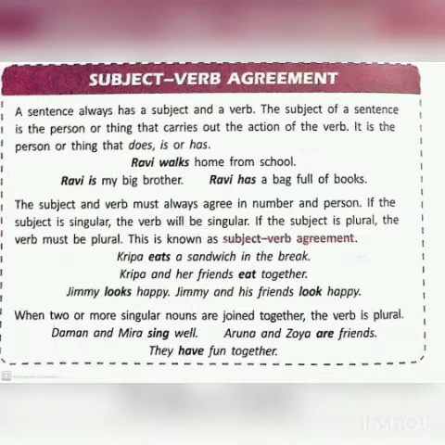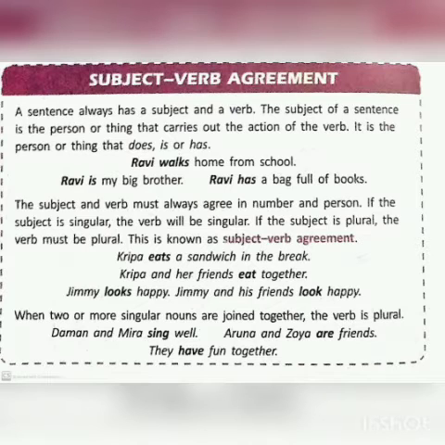So, the main important thing is that the subject and the verb should agree. If the subject is singular, the verb should also be singular. If the subject is plural, the verb should also be plural. And this is called subject-verb agreement.